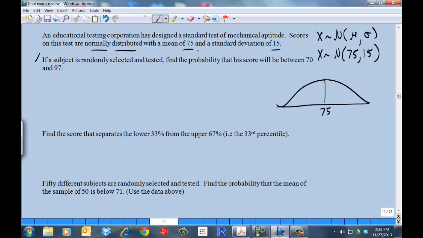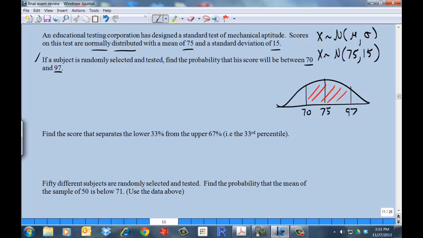We want to know what proportion of scores will be between 70 and 97. So let's locate 70 and 97. Essentially what we want to find is this area underneath the curve between 70 and 97.